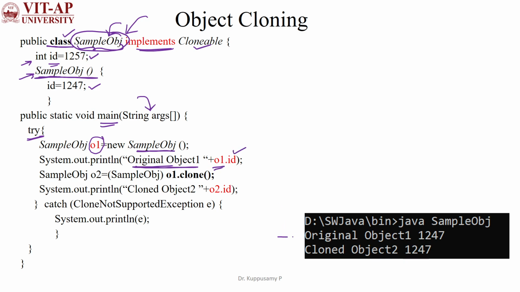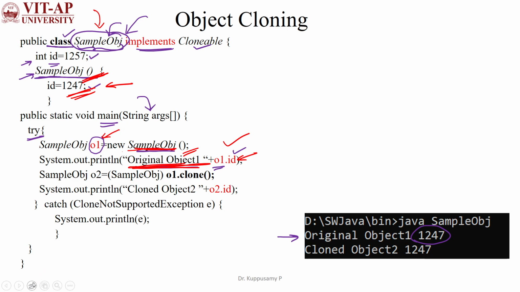You see, it gives the value 1247, because the constructor has the value 1247. This statement returns the original object's constructor value, 1247.